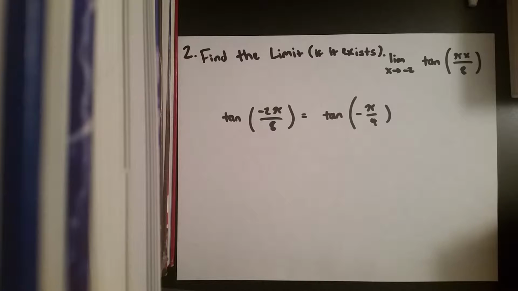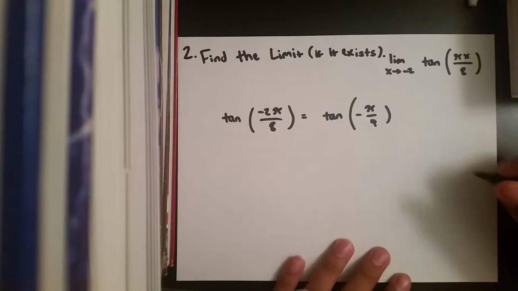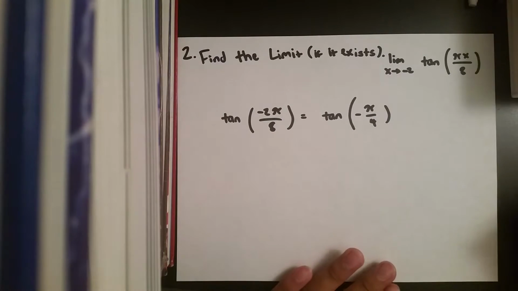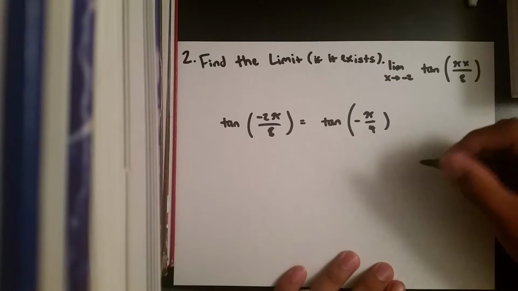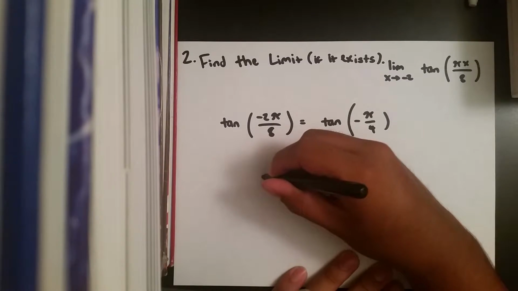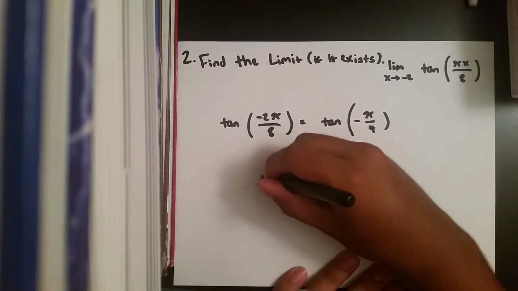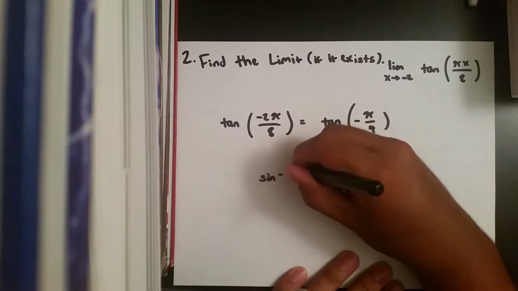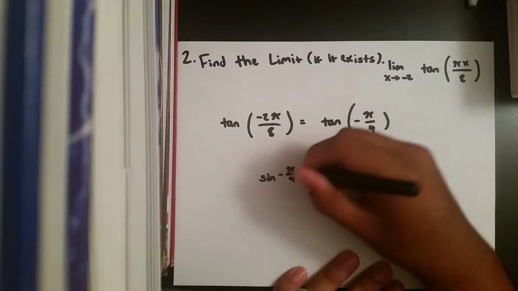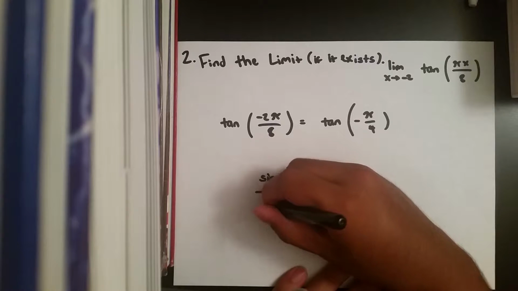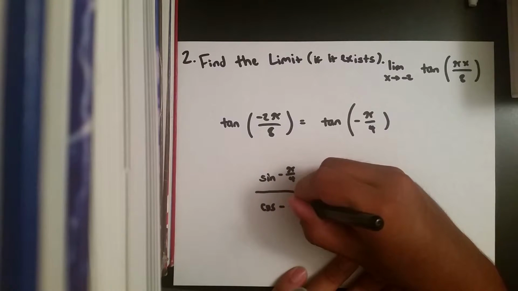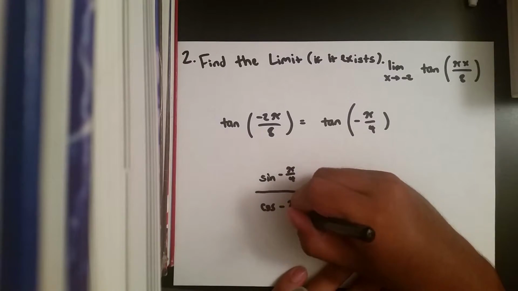And now what we want to do here is we know that the tangent equals sine over cosine. So what we want to do is do the sine of negative pi over 4 over the cosine of negative pi over 4.